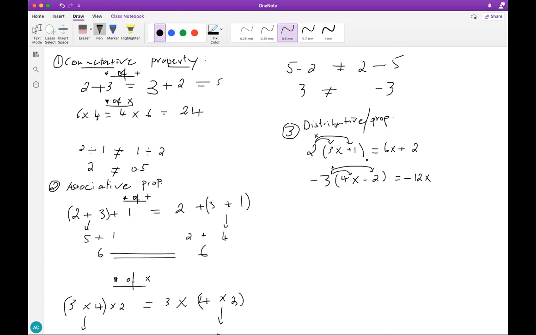So -3 times -2 will be? Positive 6. That's right, positive 6. Okay, so we just distributed this into this. Again, the distributive property or the multiplication property. Let's do another example here. Sometimes you may see something like this.